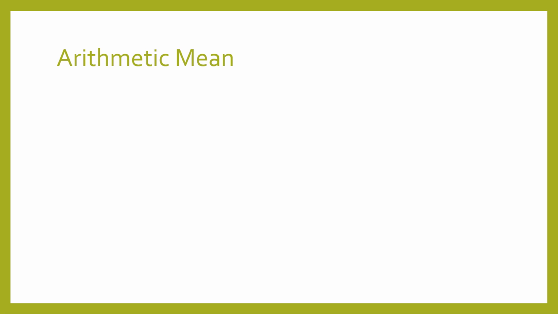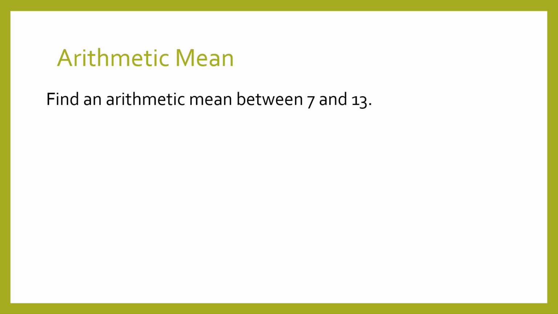So here is our first problem. Find an arithmetic mean between 7 and 13. From this problem, as you can see here, arithmetic mean, there is no S on the means, meaning this is singular. How many terms should we insert between these two extremes, 7 and 13?